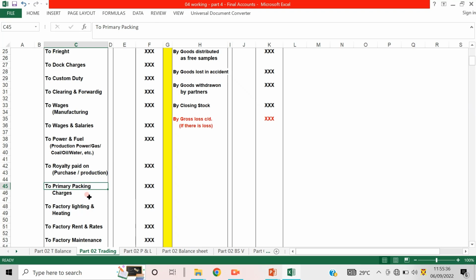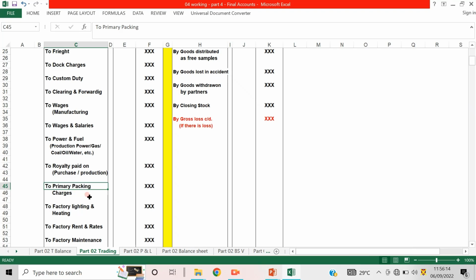Then primary packing charges. For example, any material that is prepared and should be packed, say any food product packed in a particular package, like Amul milk. The milk is packed in a plastic bag, and without that, the milk cannot be given out. So the material used for packing the milk is primary packing material, and that is an expenditure.